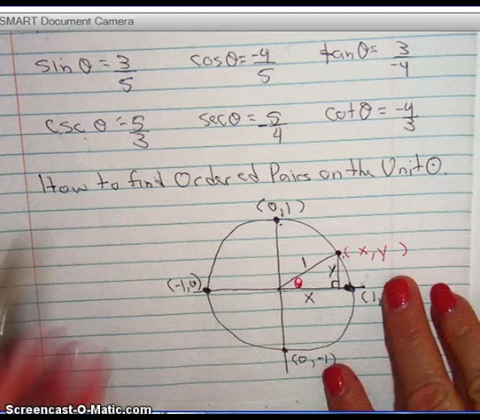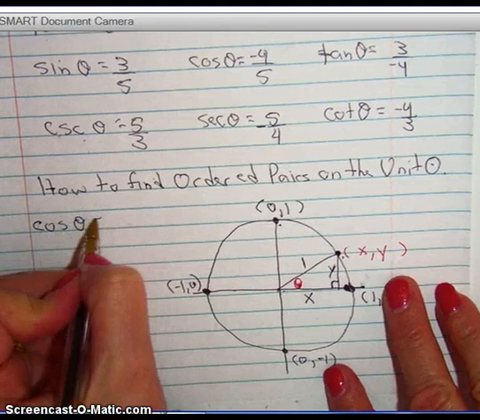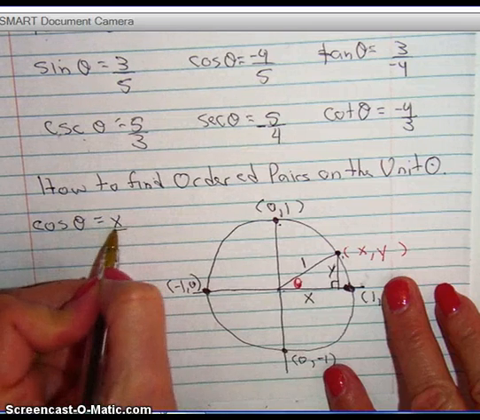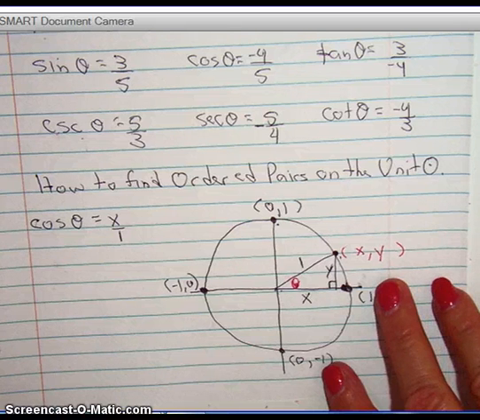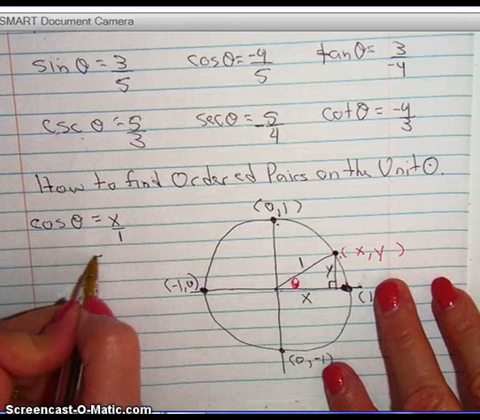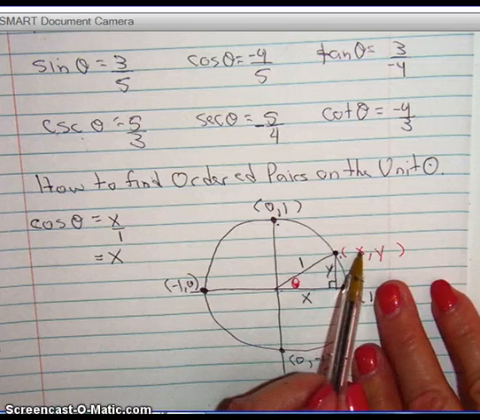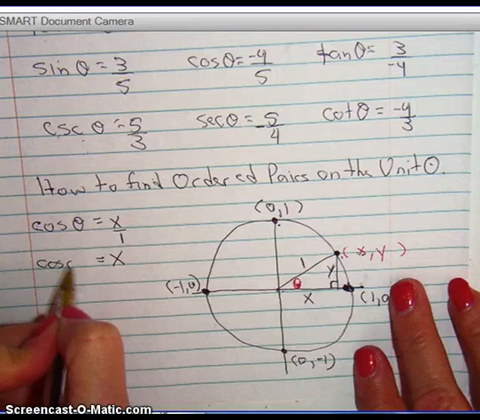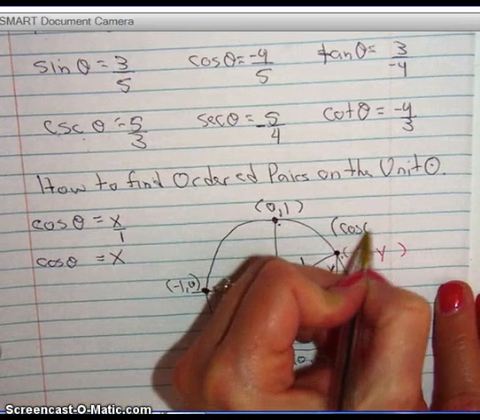Cosine. So cosine theta equals adjacent x over hypotenuse 1. So isn't x over 1 x? So guess what we just found? We found the x value of this ordered pair. The x value of the ordered pair is cosine theta.